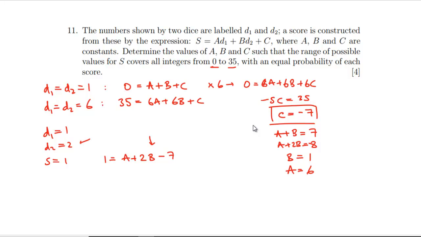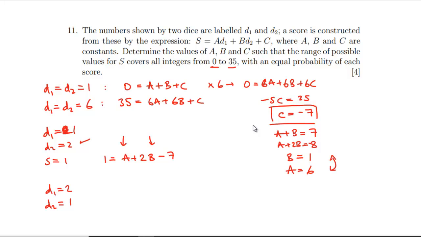Because if D1 went to 2, then the A6 term is going to jump us up to 12 and then we're counting up one at a time. So A's are going up at jumps of 6 and B's are then filling in those gaps. So you could have had them the other way round as well.